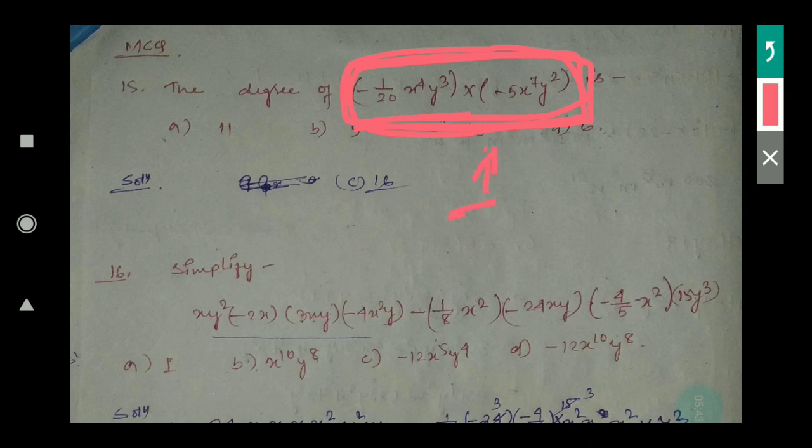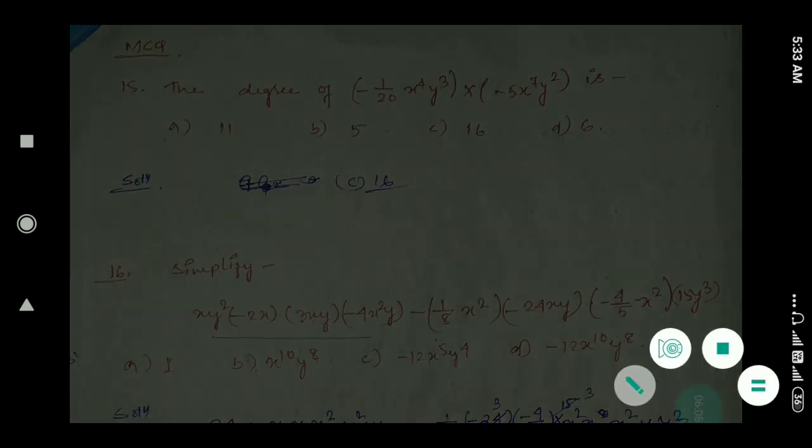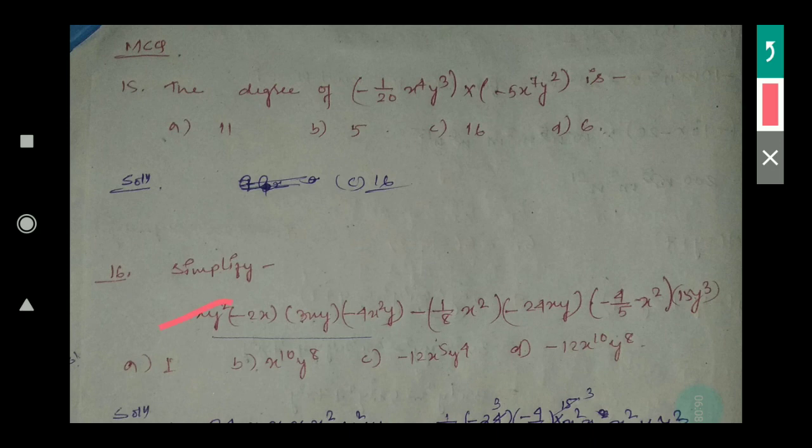If the term is one, then you have to find the variable's power. If one term is there, then in that one term what is the maximum variable power, that will be the degree. If plus is given or several terms are there, then you have to compare.